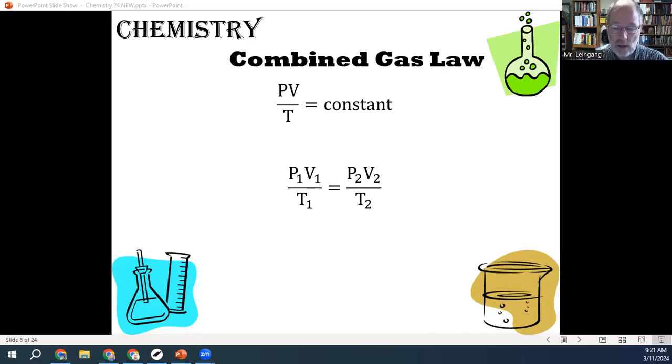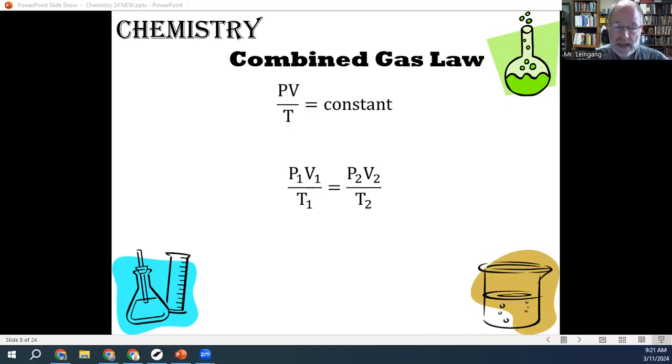So it doesn't take very long before, when we're learning about gases, we learn these individual laws, and then we realize that actually the laws can be combined to form a single law, a single mathematical expression that will relate all the variables, pressure, volume, and temperature.